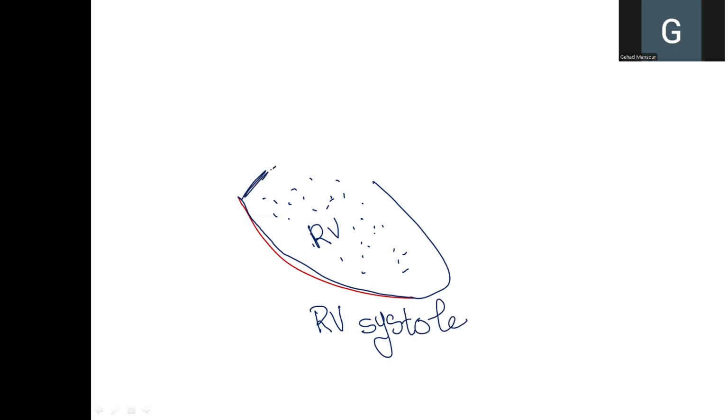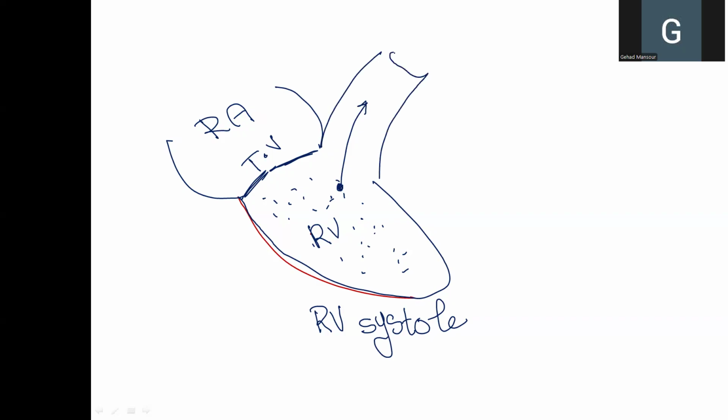So we assume that the tricuspid valve is perfectly closed. But where is this blood going? What's the destination? It's going into the pulmonary artery.